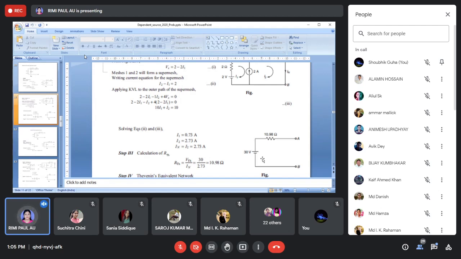Is there any problem, any doubt? Zone 1, Zone 2, Zone 3, any member, if you have any doubt solving this type of problem, then you can tell me. Otherwise, I will give you another problem to solve. Yes or no?